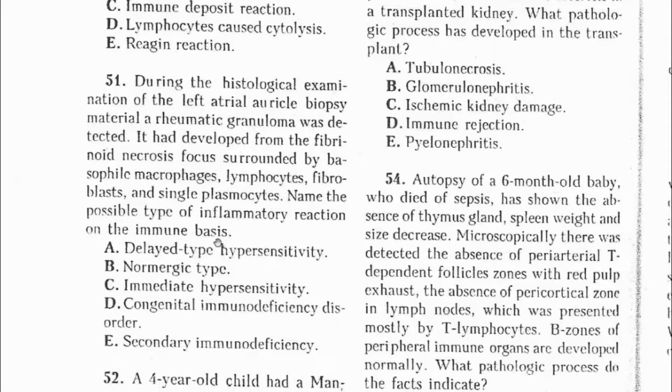For type 3, we have vasculitis, serum sickness, nephritis, extrinsic allergic alveolitis, and so on and so forth. For type 4, we have contact dermatitis, tuberculin test reaction or Mantoux reaction or Mantoux test, granulomatous inflammation, allograft rejection, graft versus host diseases, etc.